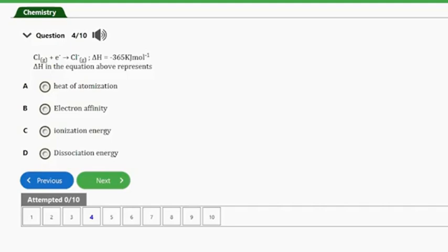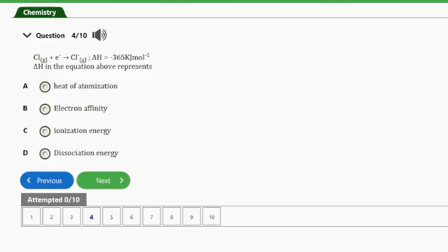The question says, the change in enthalpy in the equation above represents: A, heat of atomization; B, electron affinity; C, ionization energy; and D, dissociation energy.